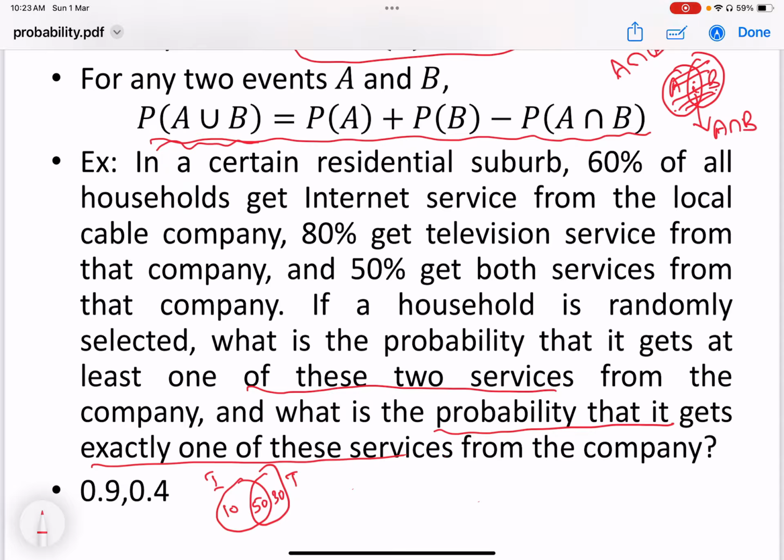What is the probability that it gets at least one of these two services? At least one of these two services means we need to find the probability of internet service union television service.